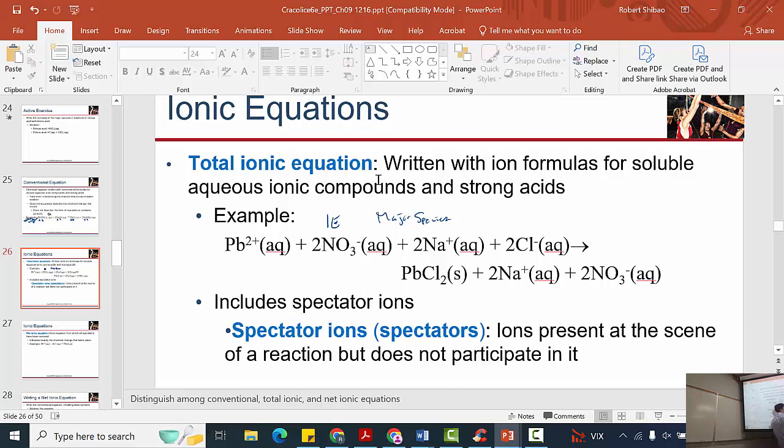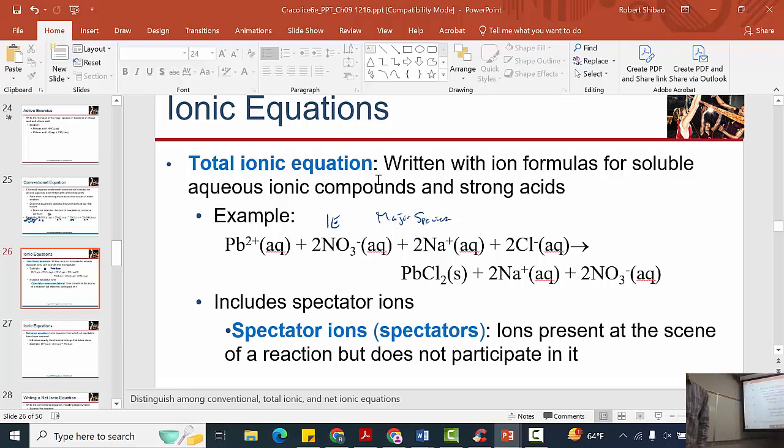And sodium nitrate is soluble, so it's just going to be ions. Really, nothing happened to the sodiums. The sodiums were floating around in water and still are. So these are called spectators. They don't really do anything. And the nitrate was floating around in water and it's still floating around in water, with translational, vibrational, rotational motion. Those are spectator ions.